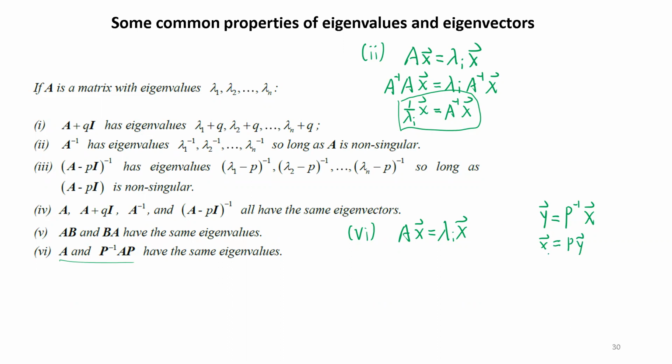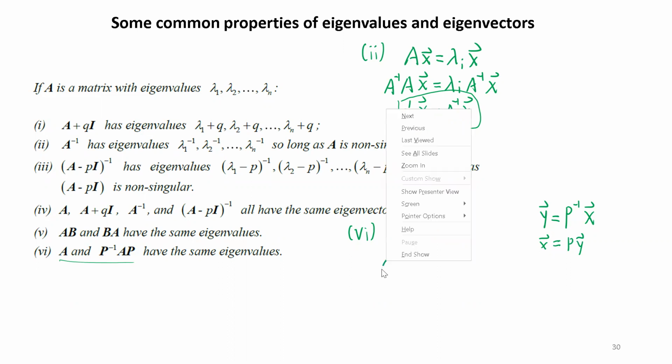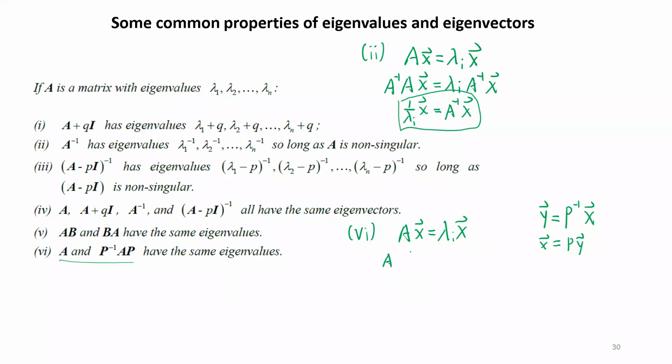So now, if I put this x equals Py into my original equation, then I would have A Py equals lambda I Py, right?